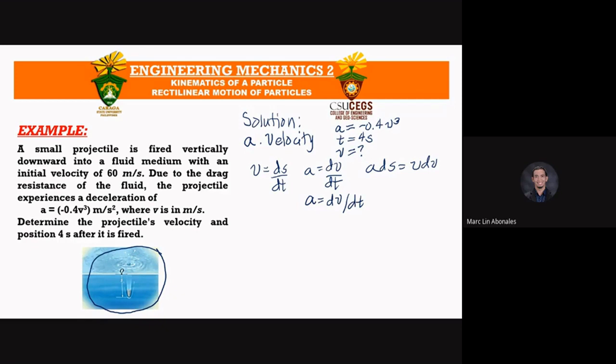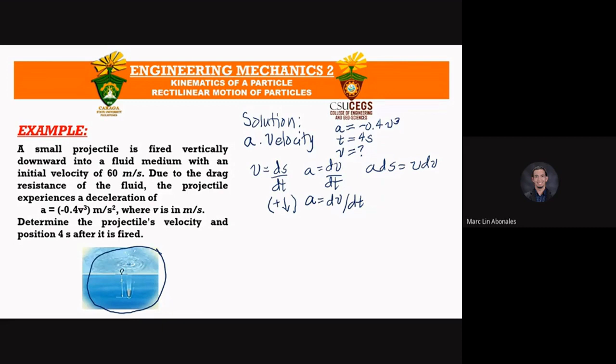For this type of problem, since it is downward, we can consider downward as positive. So we write here this side equation, downward as positive. Meaning, in the final answer, if we get a positive value, its direction is downward.